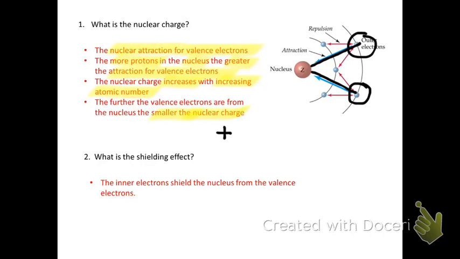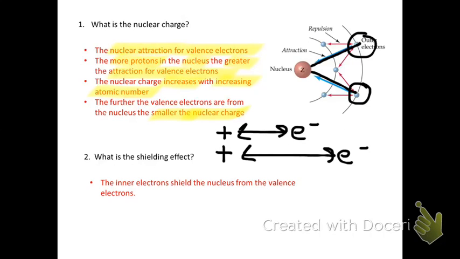Here's a proton, here's an electron. There's an attraction between the electron and proton. If you have another proton and the electron is further away, then if you look at this closely, the attraction gets smaller here as the distance gets further away.